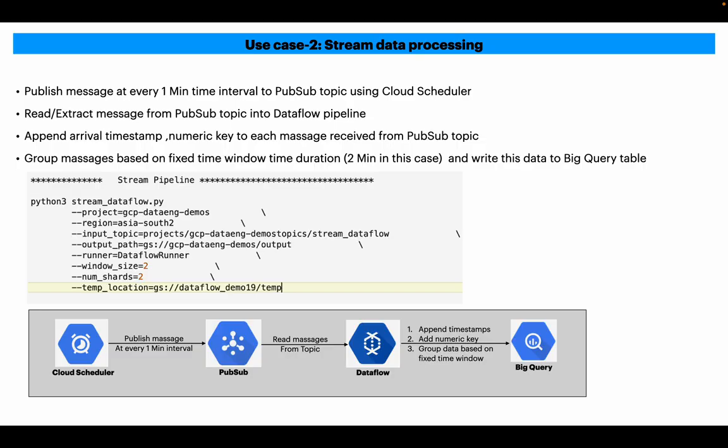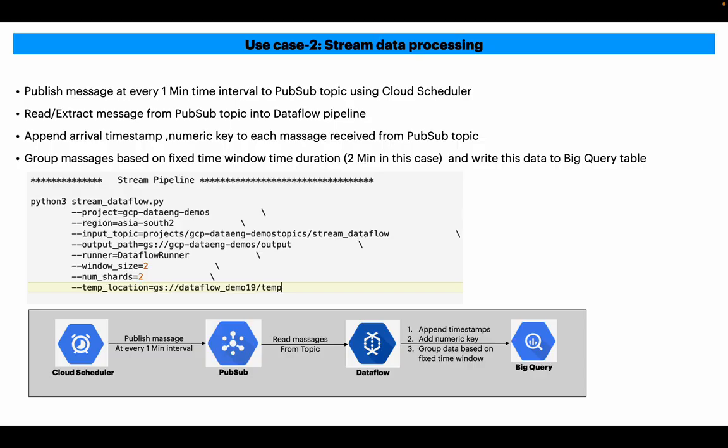So here is the use case. I would like to go through each and every step here, so just observe the reference architecture shown at the bottom of the slide. Right now we don't have devices or sources which can generate streaming data.